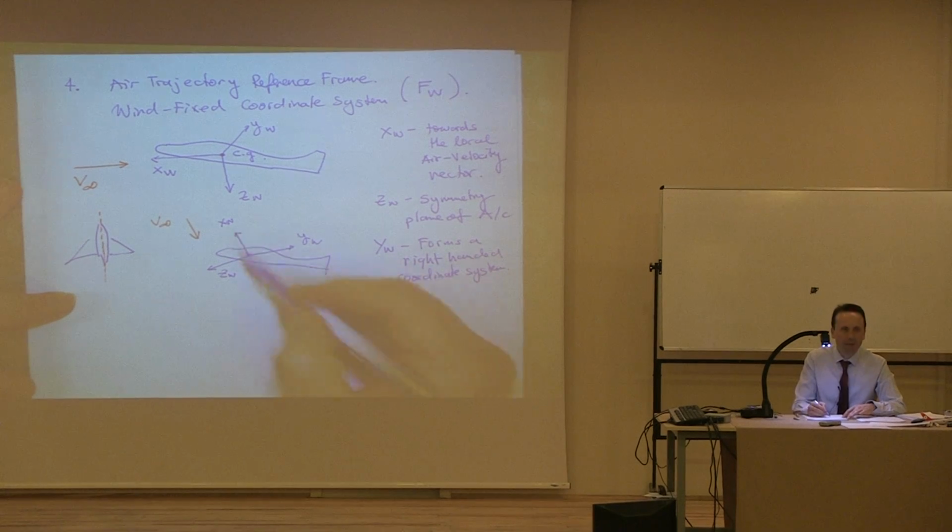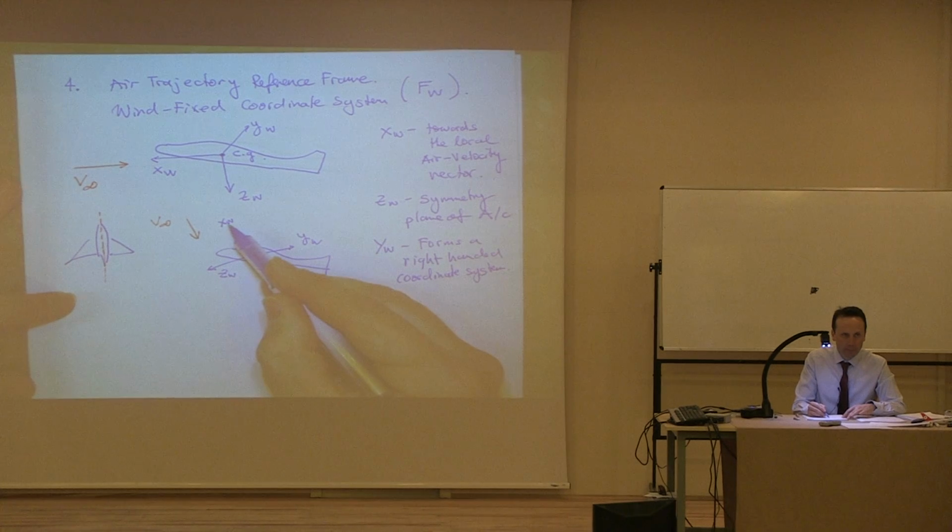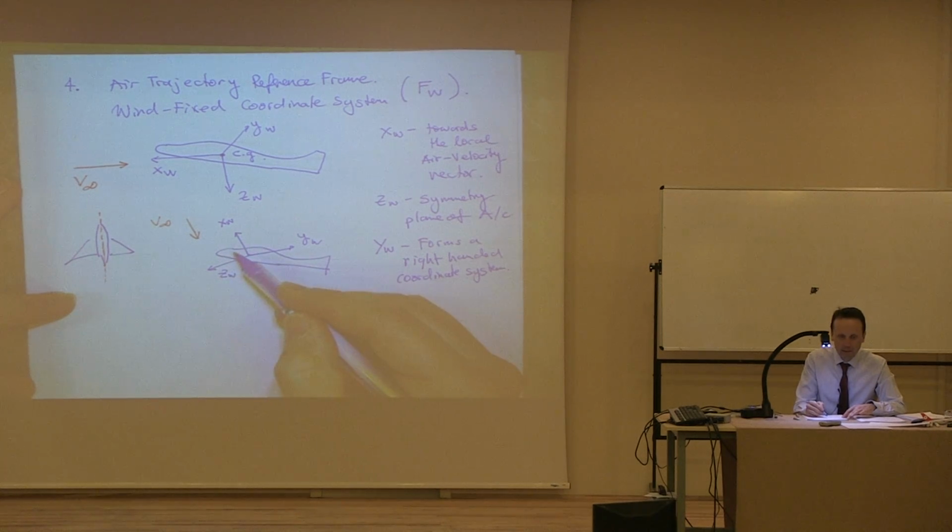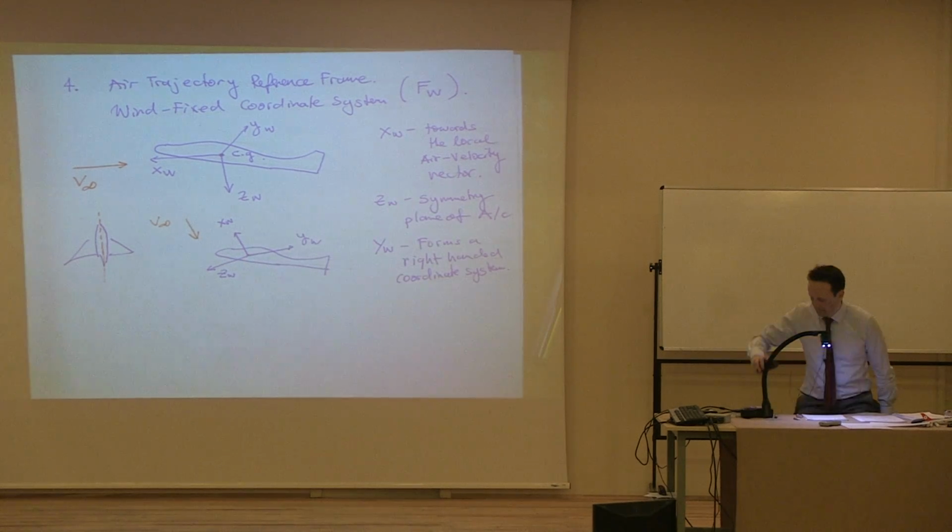Do you understand this at all? V infinity is pointing towards XW. ZW is 90 degrees to XW in the symmetry plane of the airplane. So which way should be YW? Into the plane, right? Isn't it? Do you understand that?